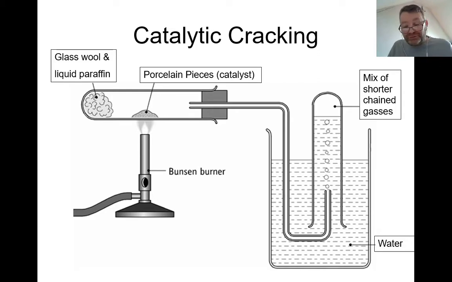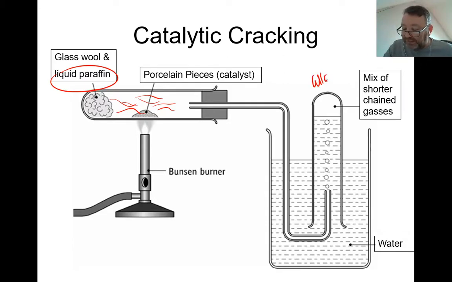Do you notice it's very similar to the experiment we had for making ethene gas? You have your glass wool, but this time you have your liquid paraffin. You have porcelain pieces, which are pieces of very hard material. They'll act as the catalyst. You heat the catalyst to a very high temperature, and the paraffin will vaporize and move over the catalyst, and as it moves over the catalyst it breaks the chain. Paraffin is a long chain, so it breaks the chain, and the chains that come out here are far smaller. You will have alkanes and alkenes in the mix.